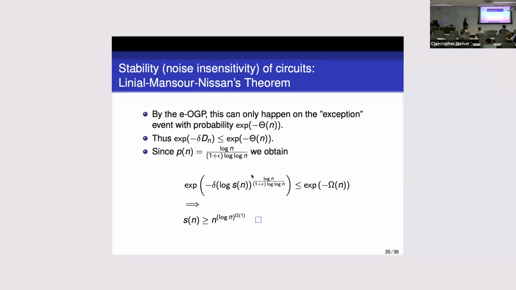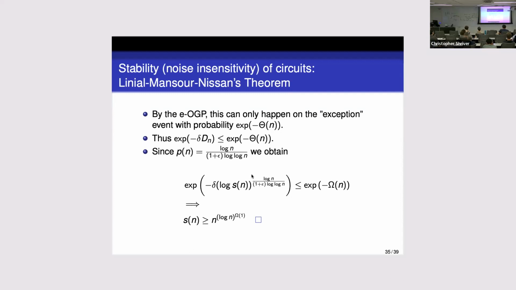Let me do that in this easiest setting, when we bound the depth of this circuit by a constant. It's not very complicated algebra, but all right.